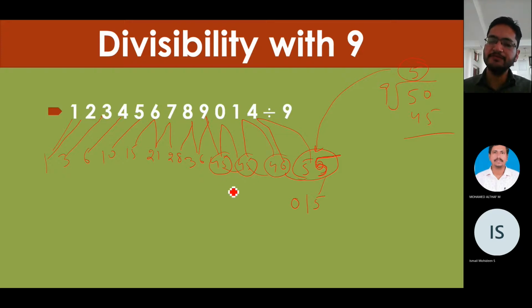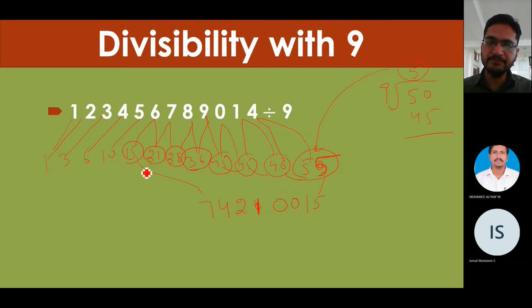This will again be 50. I will write here 0 and 5 I will add in next number, that is 41, and I will write 1 here, and 4 will be added in next number, it is 32. So 2, 3 plus 21, that is 24, and I will write 4 and add 2 in this number, it will be 17.